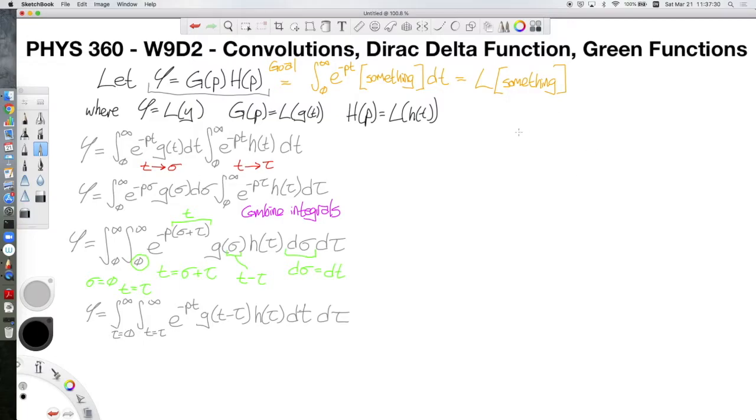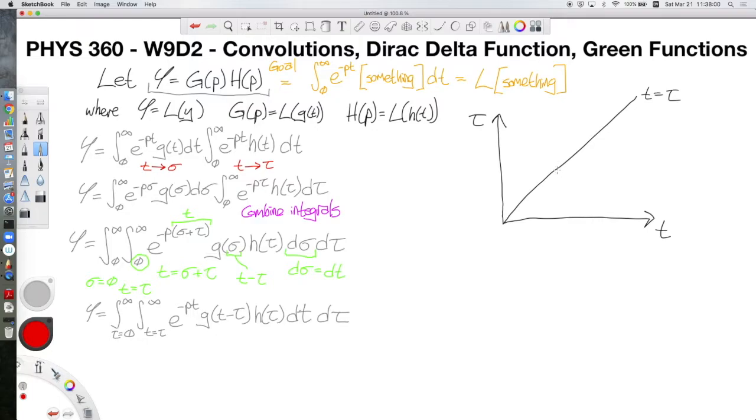And to see how we might do that, let's consider the tau t plane to get an idea which combinations of t's and taus we're accounting for with this integral and how we could rewrite it in the opposite order. So we integrate in terms of t from t equals tau, there's the t equals tau line, to infinity.